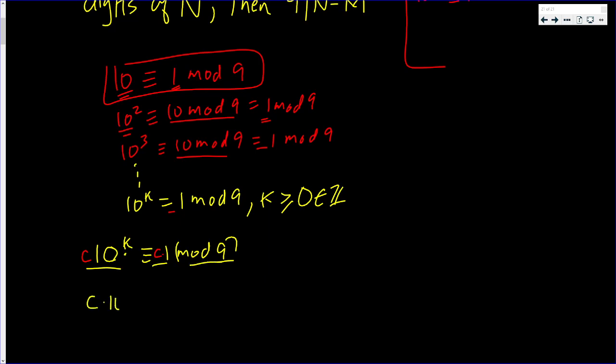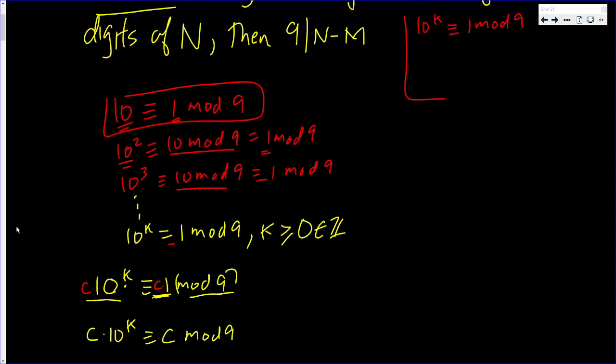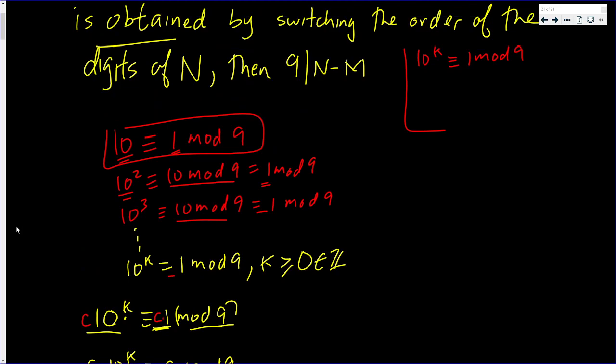That means c times 10 to the k is congruent to c times 1, which is c, mod 9. Let's record that one. c times 10 to the k is congruent to c mod 9.